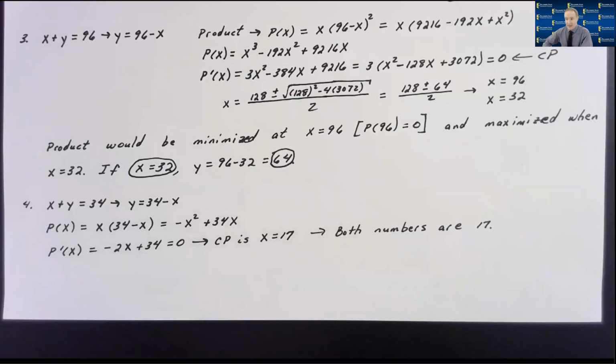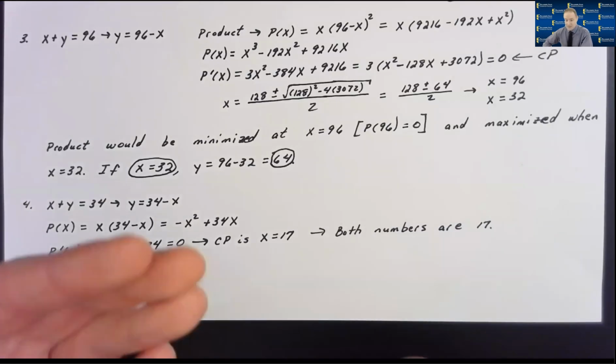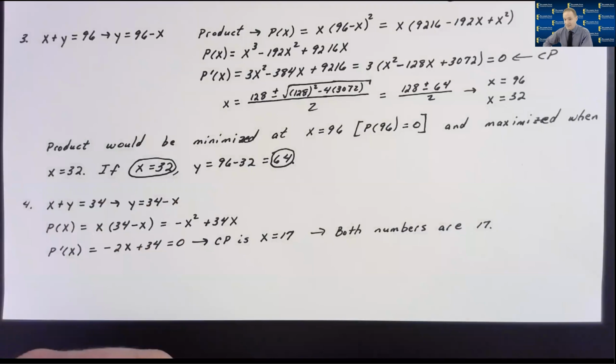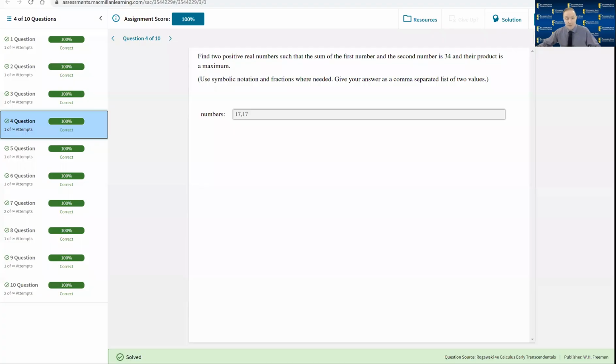Obviously, 18 times 16 is not as much as 17 times 17. 19 times 15, even less than 18 times 16. So the further away you get from 17, the lower the product is going to be. So you can say maximum occurs when both numbers are 17.